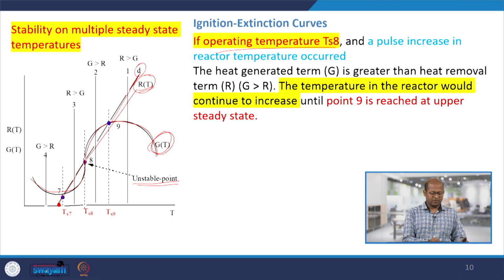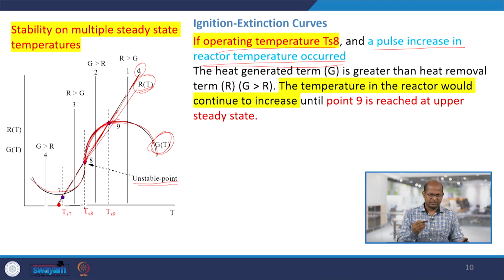So, if we operate the reaction at TS8, at this particular temperature, and there is a pulse increase in the reactor temperature, since coolant circulation is there, if we suddenly decrease the coolant circulation rate, then the heat removal rate will decrease. Okay. So, the heat removal line will follow like this and the heat generation line will follow this.